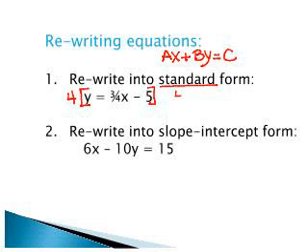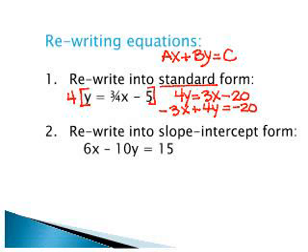So we have 4y equals 3x minus 20. And then we're going to move the 3x to the other side of the equation, so it's going to be negative 3x plus 4y equals negative 20.